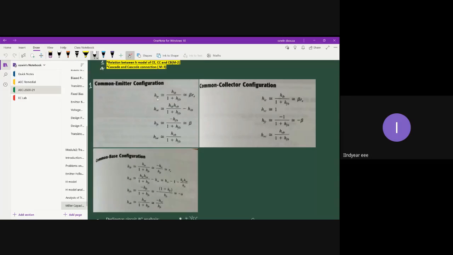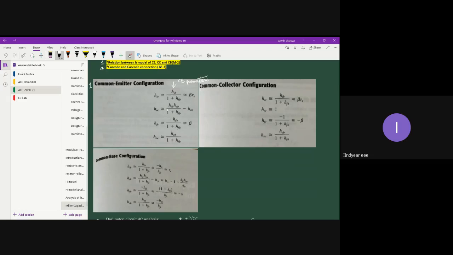Let us say you have the details of H parameters of common base configuration, so these are CB parameters. Let's say you have been given HIB, HFB, HOB, and HRB. How will you be able to find the common emitter configuration?